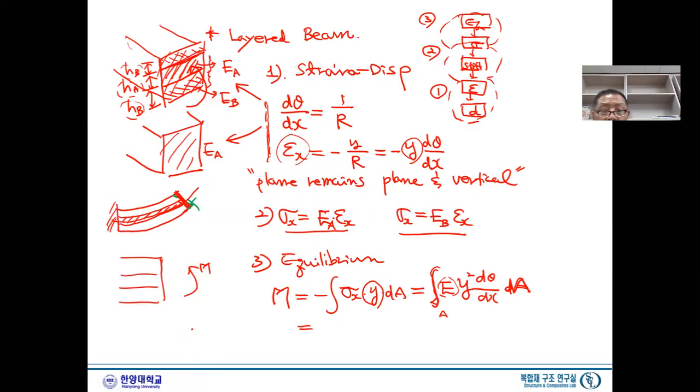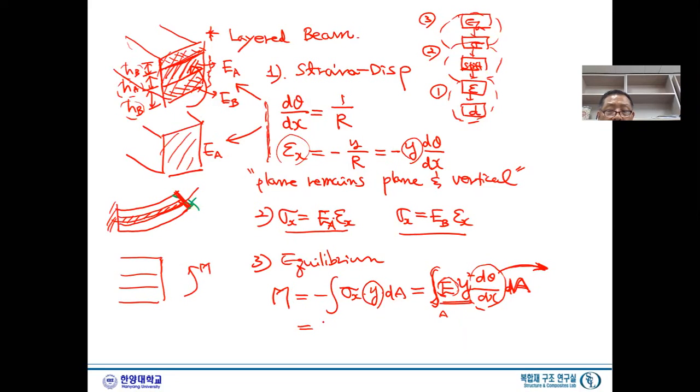What we know is that this part, d theta/dx, can simply come out of the integration because it has nothing to do with the cross section. But when we integrate this part, we cannot take this E out of the integration because E is varying over the cross section.